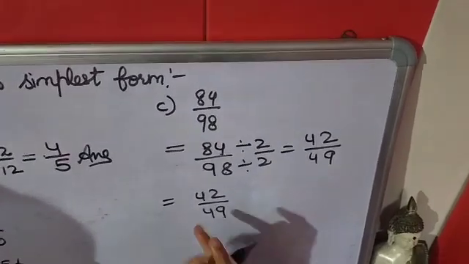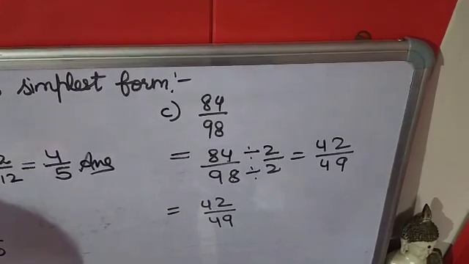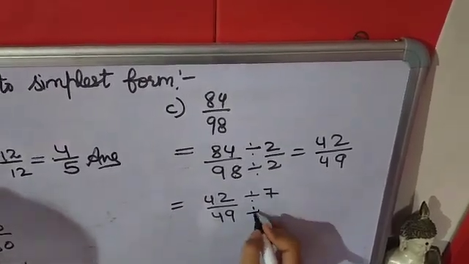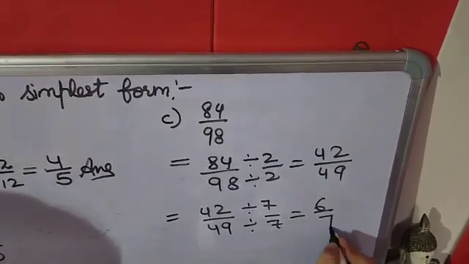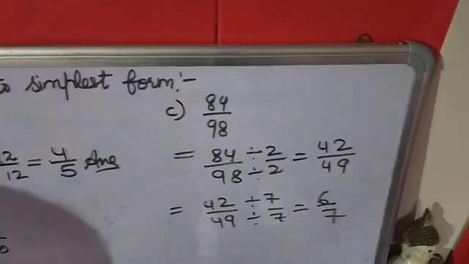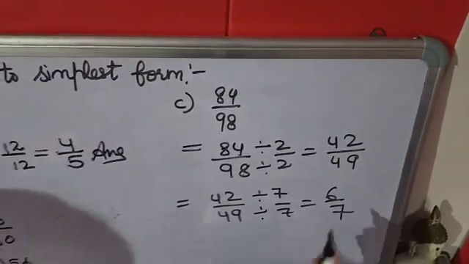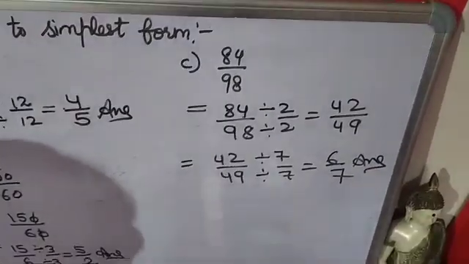Now we will check again. 42 and 49, both are divisible together in any number. Yes, in the table of 7. 7 sixes are 42 and 7 sevens are 49. Now we will check whether 6 and 7 both are divisible by any number. No. So 6 upon 7 is in simplest form.